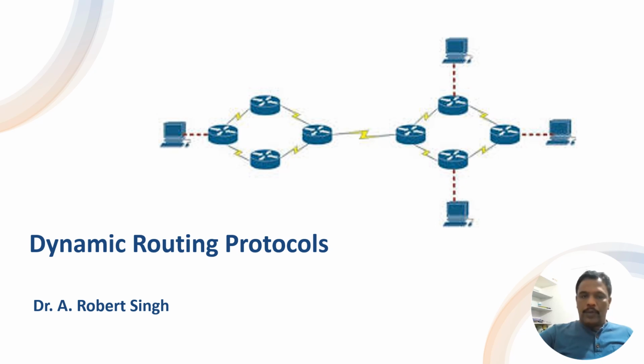Dynamic routing also helps with network convergence, where routers agree on the network layout and routing information, reducing downtime and improving reliability.